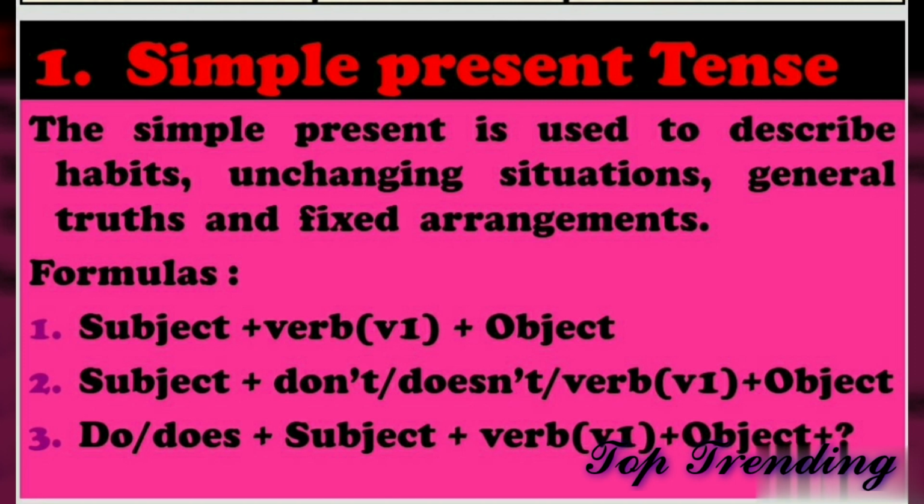If the sentence is in negative form, then the formula is subject plus don't or doesn't plus V1 plus object. If the sentence is in interrogative form, then the formula is do or does plus subject plus verb 1 plus object plus question mark.